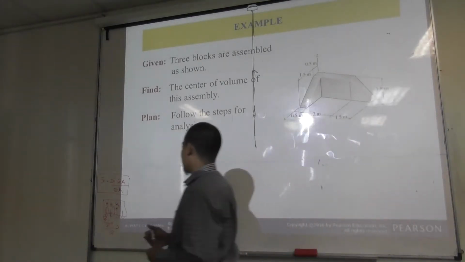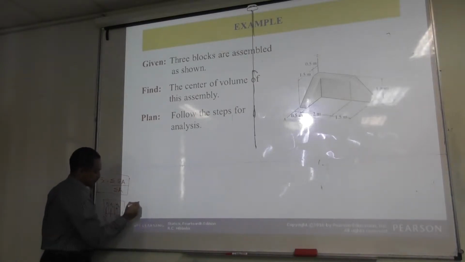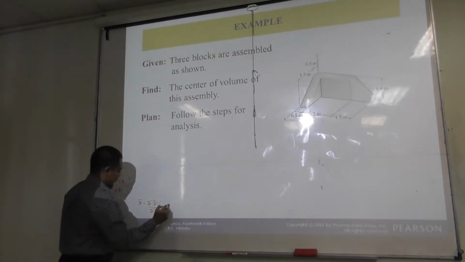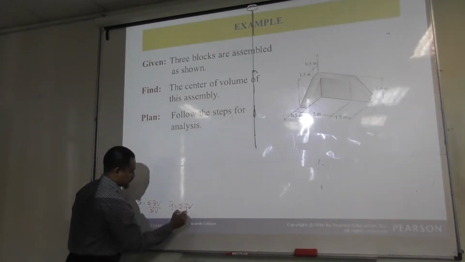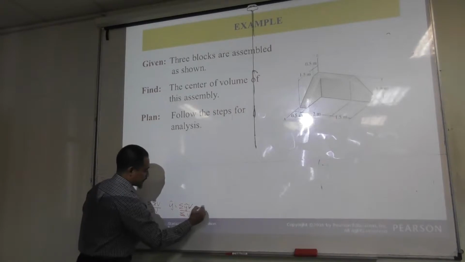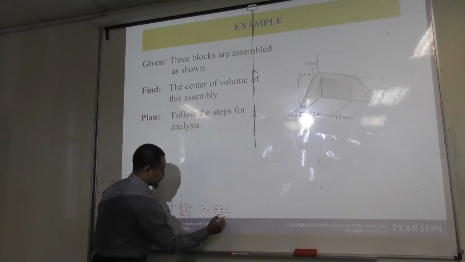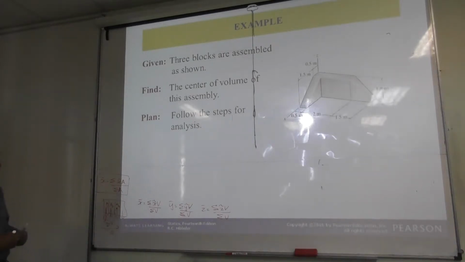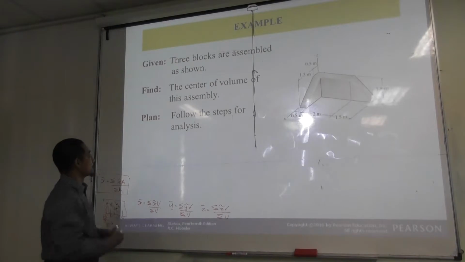So can you imagine what will be the equation? So center of volume x will be summation of x times v, over summation of v, right? And y is summation of y times v over summation of v, z equal to summation of z times v over summation of v, right? So straight away we know what columns we should have, right? So let's put it forward.